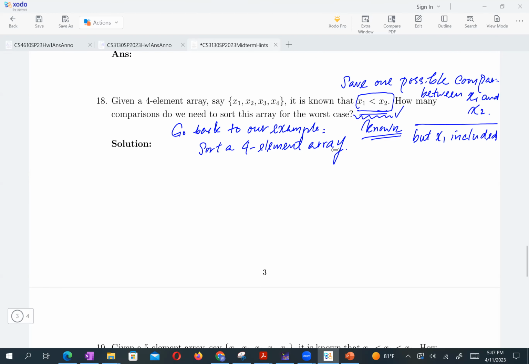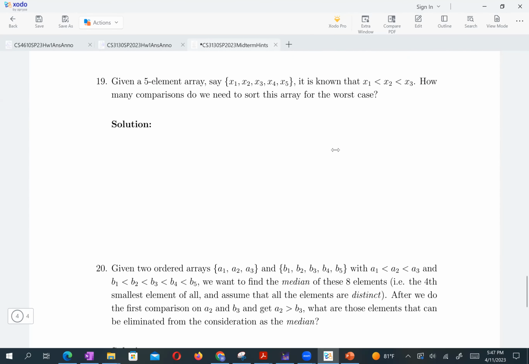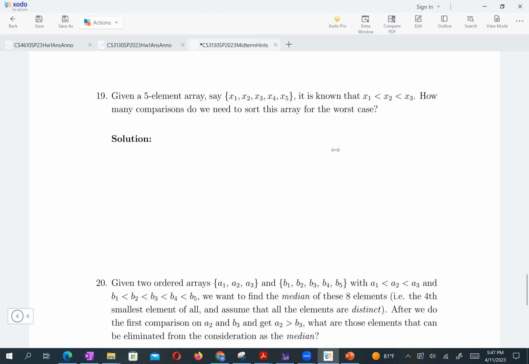Question number 19, 5-element array, but we have this information: X1 less than X2 and less than X3. So this subarray is ordered. It's an ordered subarray.